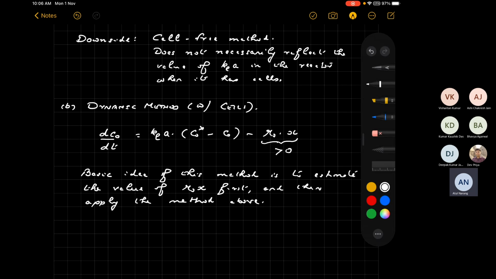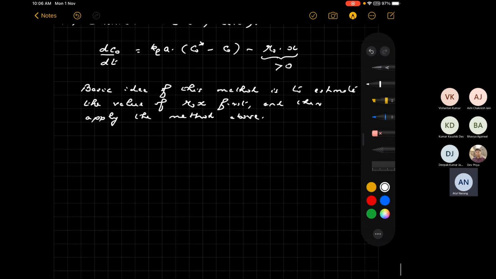But first we need to estimate the value of ROX. And so the way this is done is as follows. Before you do the experiment where you try to find out KLA, you first do an experiment where you try to find out ROX.